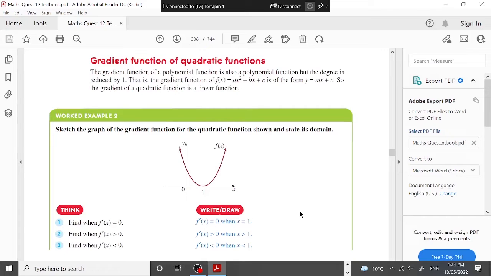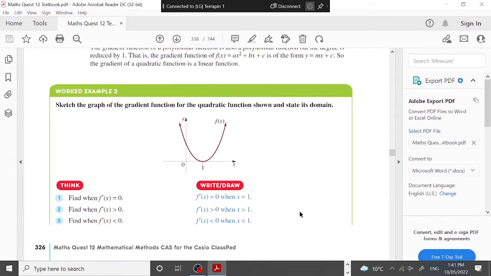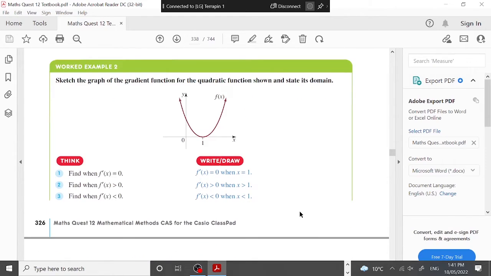As we saw before, wherever you have a turning point, that's where a tangent would be horizontal, and so that corresponds to a 0 gradient. By looking at any quadratic or any kind of curve where you know there's a turning point, those are key points that you're going to identify as having a 0 gradient. So we can see here at x equals 1, there is a 0 gradient.